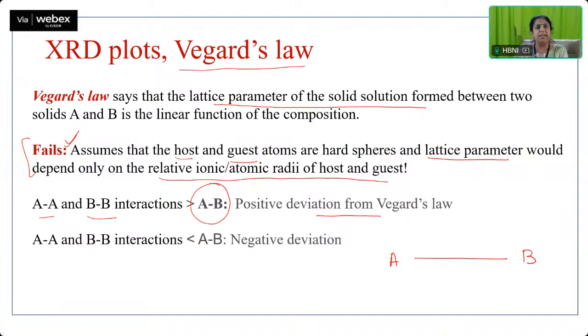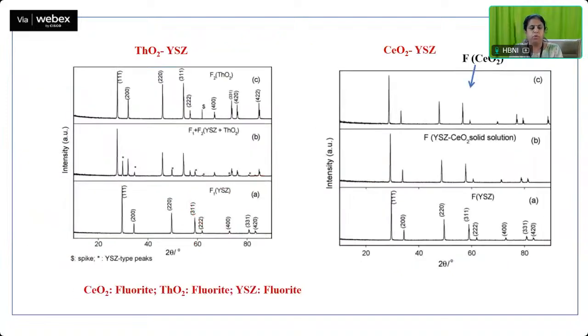You will observe a non-linearity, and that non-linearity will have a positive deviation, because A and B are not happy being close to each other as compared to what they were in their own parent site. But if your AA and BB interactions are less than the AB interaction, you will observe a negative deviation from Vegard's law. Okay, so this is just an example for you to show what happens when we get a solid solution and how to observe it from the plot.